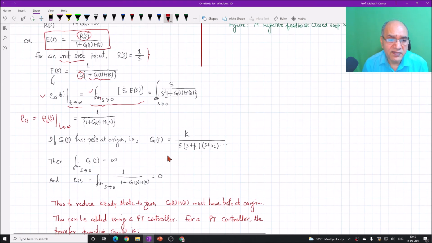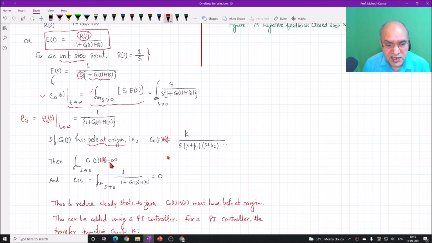Now if I have G(s) into H(s) with a pole at the origin, then we can write G(s)H(s) in general as K/(s(s + p1)(s + p2)) and so on. In that case you can add H(s) here without much difficulty.